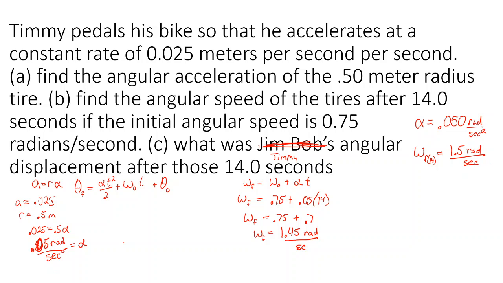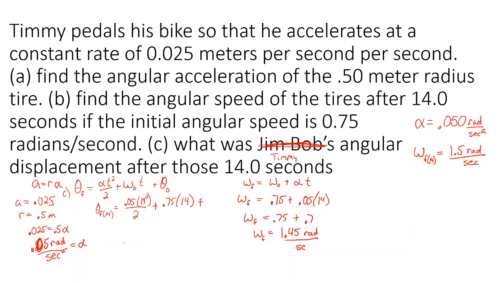And then I want to go back to this equation. This is for part C. And so my theta final at 14 seconds will be found by 0.05 times 14 squared over 2 plus my initial angular speed, 0.75, times our 14 seconds.